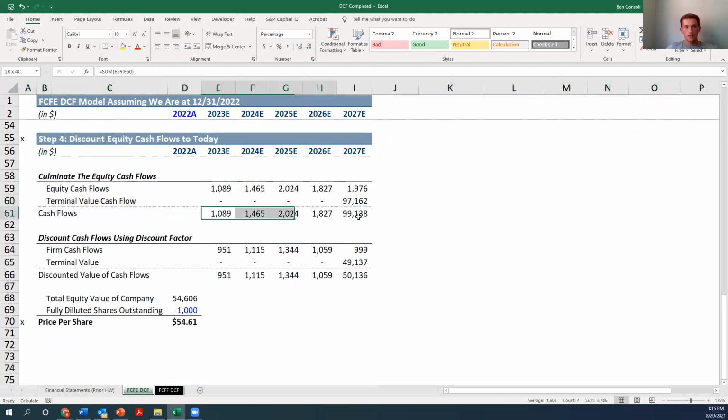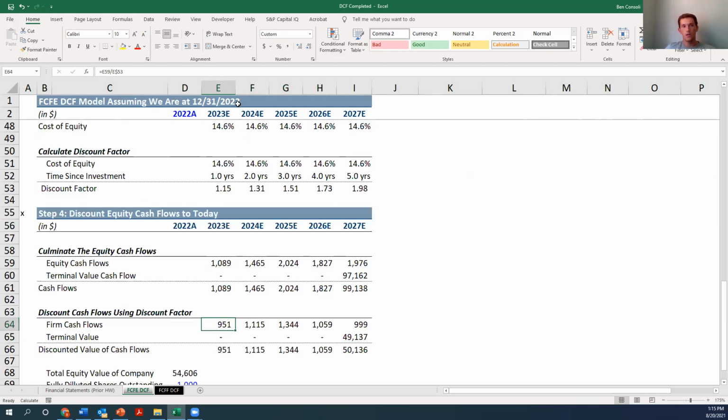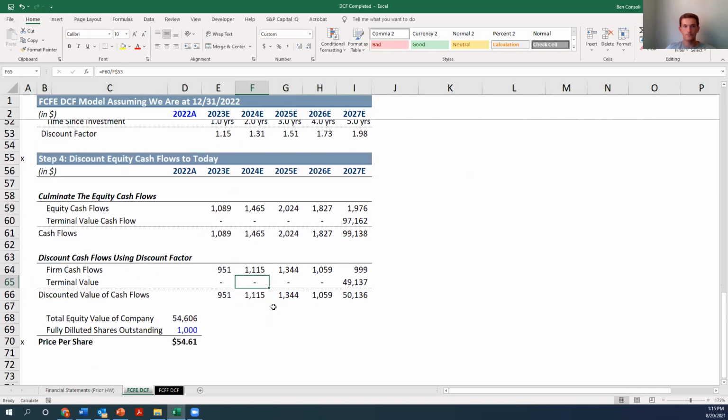So you culminate these into total cash flows, and then you discount those back to today. You can think of $1,089 discounted back to today using the discount factor of 1.15. All you do is divide that equity cash flow by the discount factor to arrive at its value in today's dollars based on the discount rate that you're using.